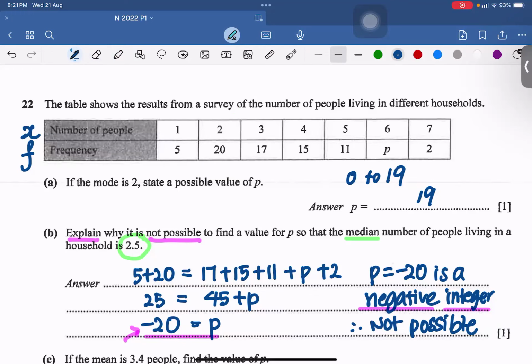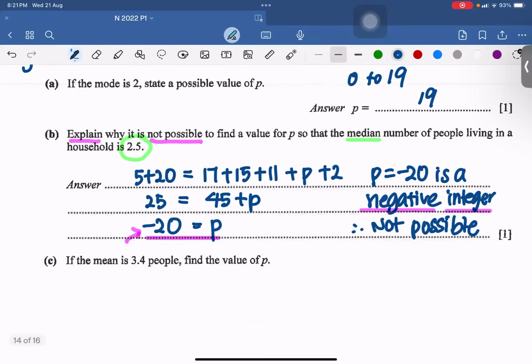Next part, the question asks, if the mean is 3.4 people, find the value of P. How to find mean? Mean means the average is 3.4.